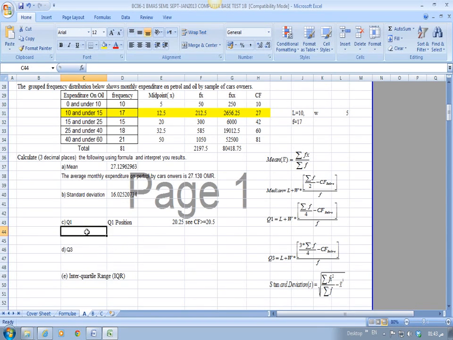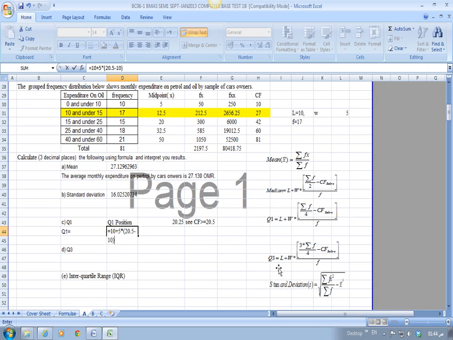So here we can write Q1 equal, and we follow the formula. L here equals 10, so we write equal 10. W, the width, is equal to 5, multiplied by the bracket CF divided by 4, which we already calculated as 20.5, minus CFB4 for our location, which is 10.